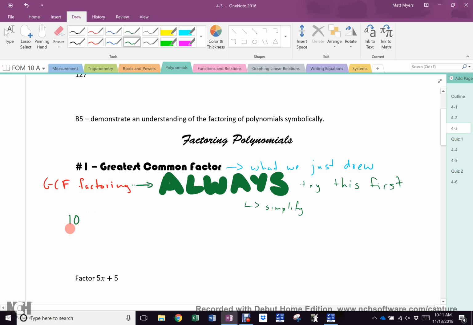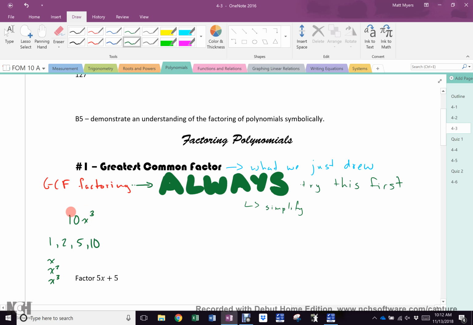What are the factors of 10? 1, 2, 5, 10. Agreed? Okay. What if I added then x cubed? I could take out 1x, 2x's, or 3x's, yes? Everyone cool? Because I can divide out of that up to a maximum of 3x's, right?